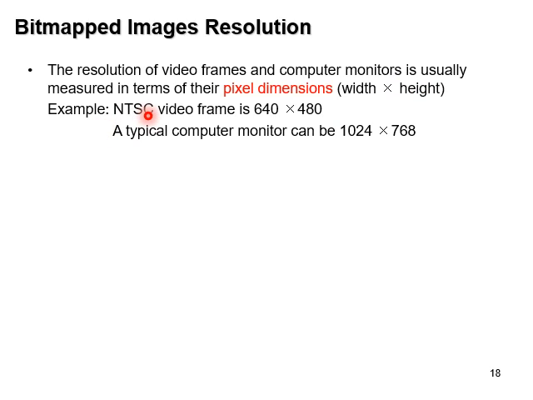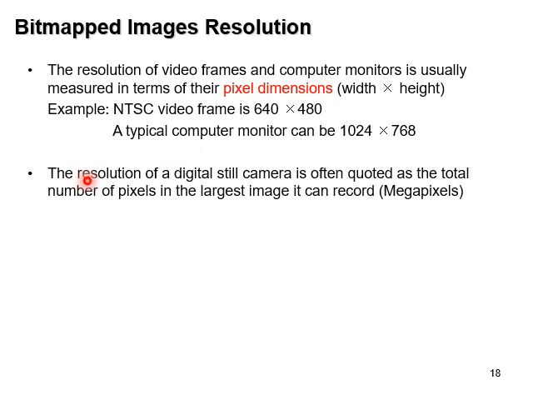So for an NTSC video frame, which is one of the famous video frames, they use a resolution of 640 by 480, meaning that we have 640 columns on that screen and 480 rows. A typical computer monitor can have 1024 by 768, again 1024 columns on the screen and 768 rows. Okay, so the pixel density is used for printers and scanners. The pixel dimensions are used for the monitors.